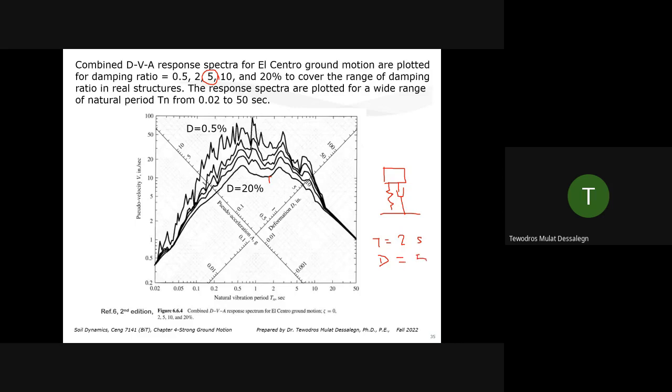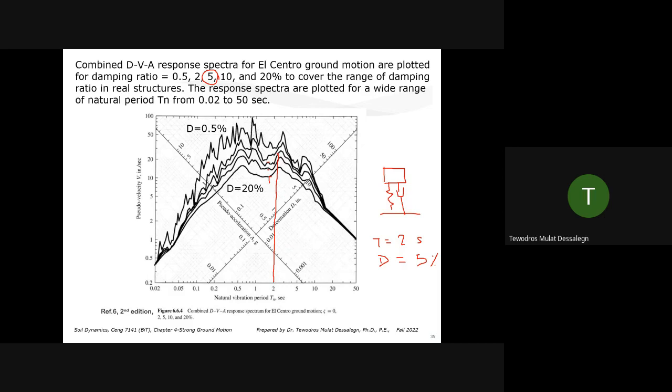If you are given this, and you are asked to find the design acceleration, then at 2 seconds, you go vertically up to the 5% plot. The maximum in this case is 20%. Then we have 10%. Then we have 5%. So our curve is the third one from the bottom, or the third one from the top also. You go vertically up, which is this value.